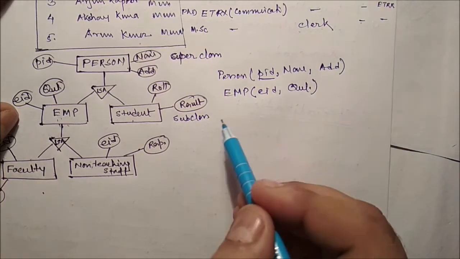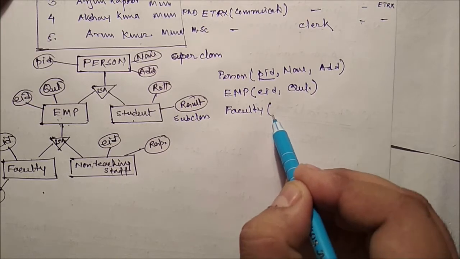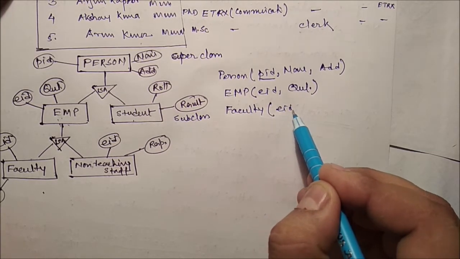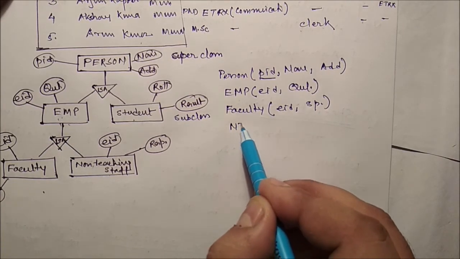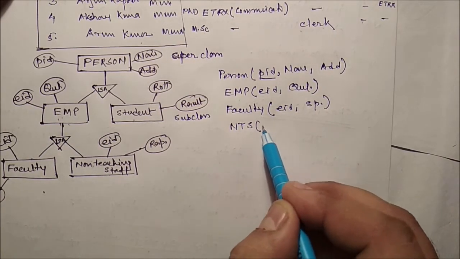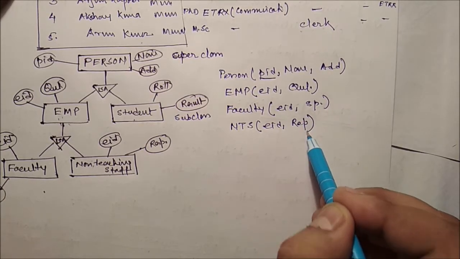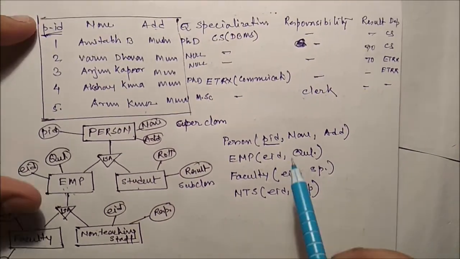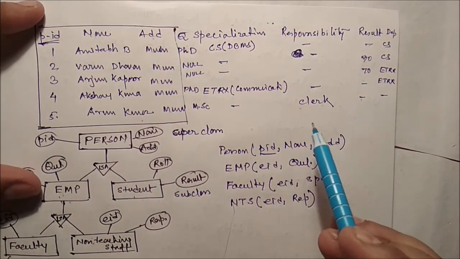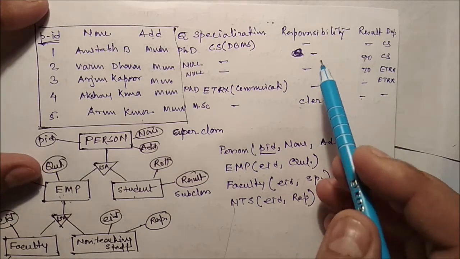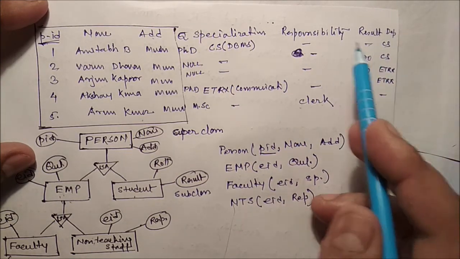Faculty is another table, where we put employee ID and specialization, and non-teaching staff is another table with employee ID and responsibility. So here we break this table into 4 tables. If you break this table into 4 tables, we can remove unnecessary null values. That means we are saving memory space.